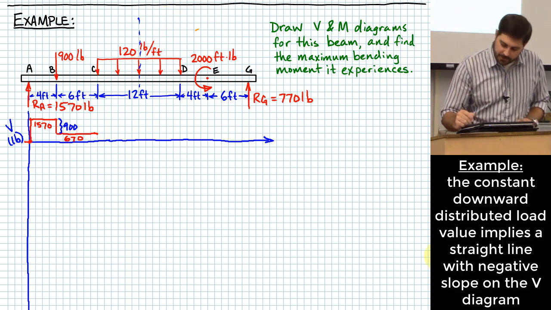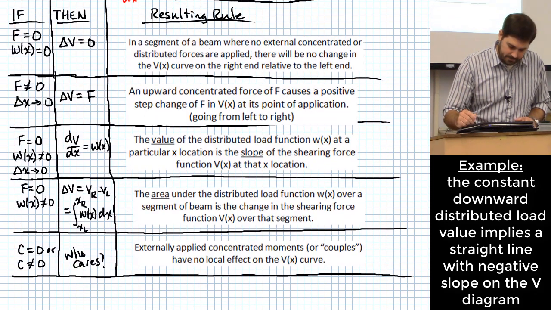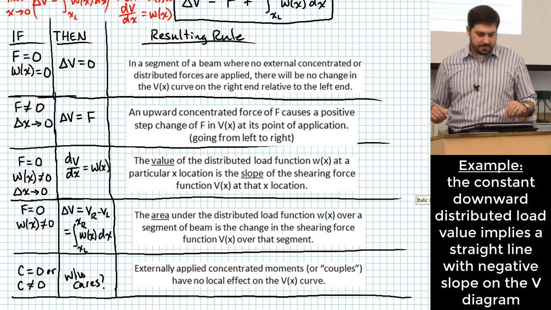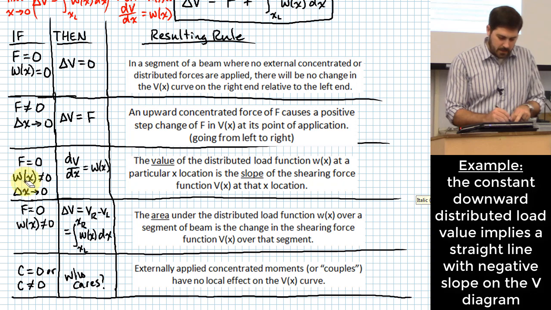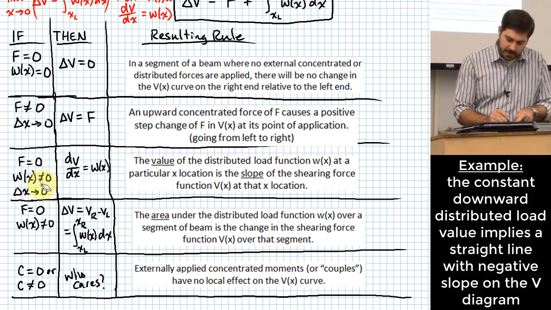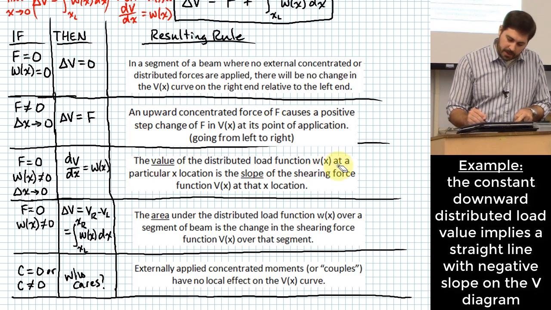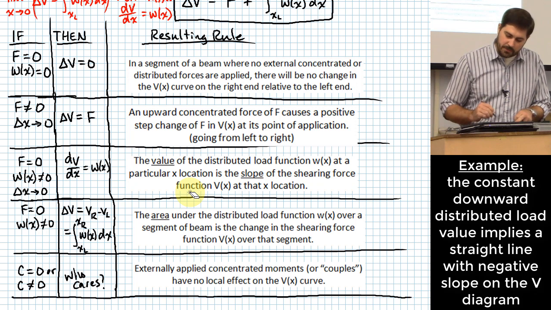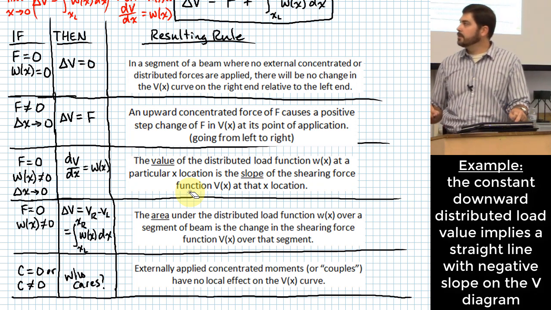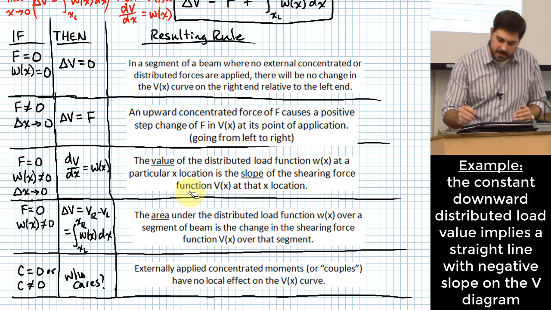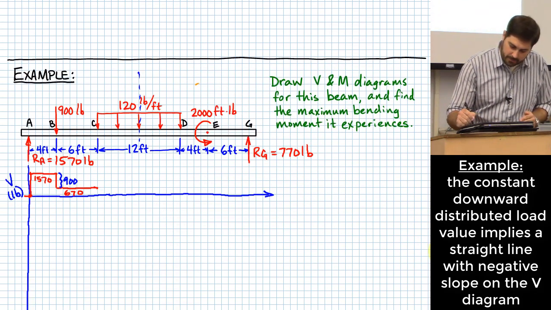Let's see what we have as far as rules for that. My distributed load here is not equal to 0. It says here, the value of the distributed load function at a particular x location is the slope of the shearing force function at that x location. Well, my value of my w of x function stays the same across this whole segment.